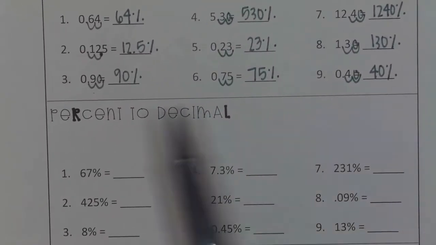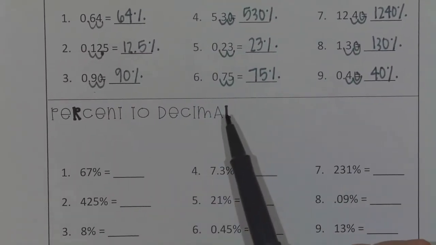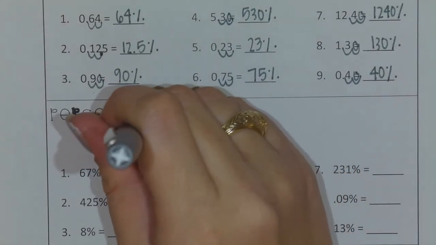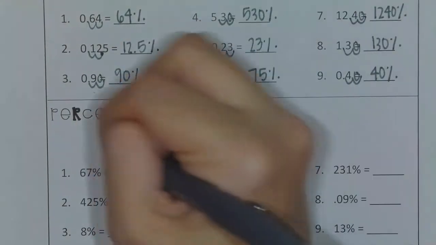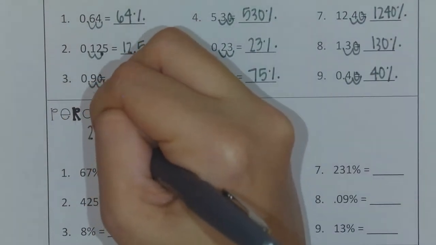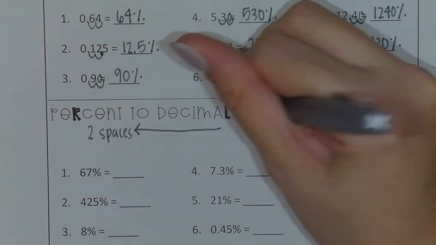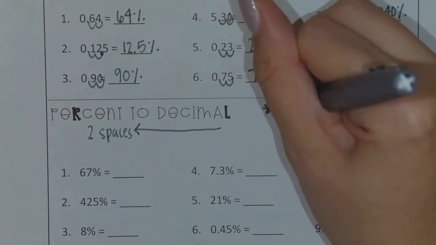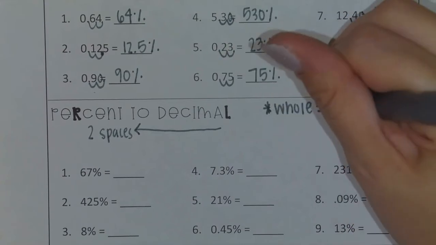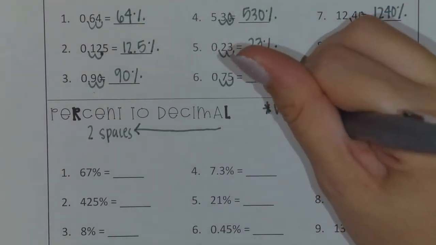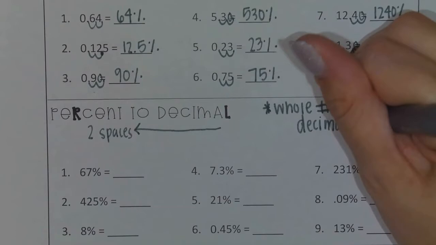So then if I'm going to go from a percent to a decimal, this time it means I'm going from the right to the left, but it's still only 2 spaces. Now, it's important to remember that every whole number has that invisible decimal at the end. So let's write that down on our notes so we don't forget.